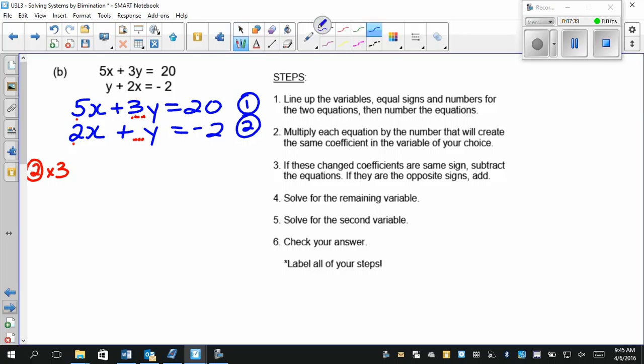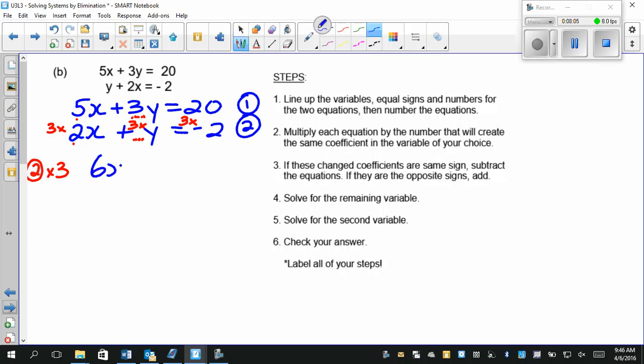I have to multiply each thing in that equation by 3. So I'm going to do 3 times this, 3 times the y, and 3 times the negative 2. So I have to remember that I multiply each part by 3. So 3 times 2x is going to give me 6x.